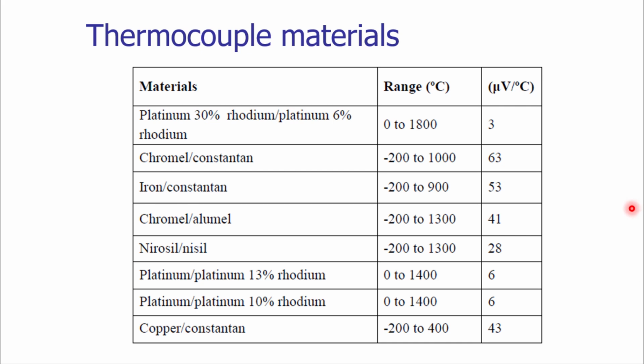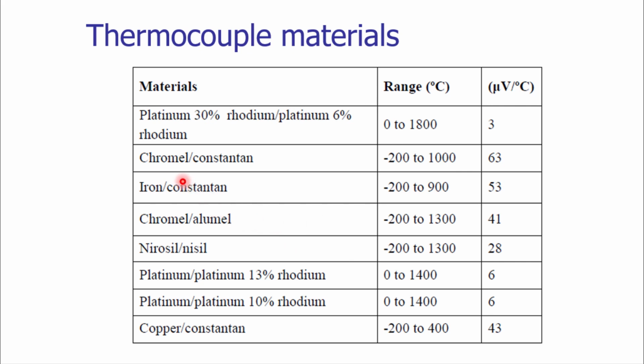A variety of materials are used in the measurement of temperature based upon the Seebeck effect. These materials can be seen on your screen. The first type of thermocouple material combination is platinum with 30% rhodium. This is one wire, or one material. It is connected with the other material, which is platinum with 6% rhodium.